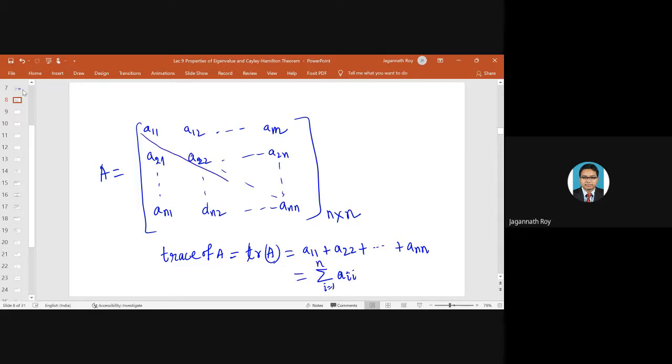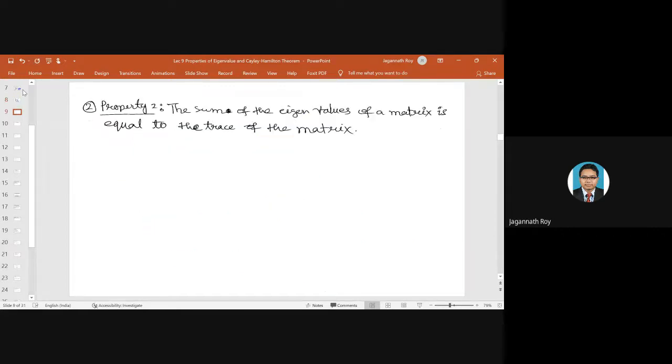So the sum of the diagonal elements we call the trace. And the next theorem says the sum of the eigenvalues of a matrix is equal to the trace of the matrix.